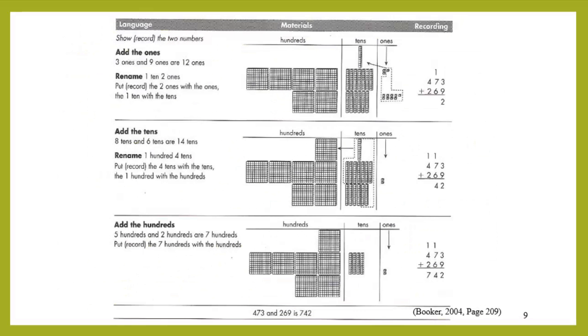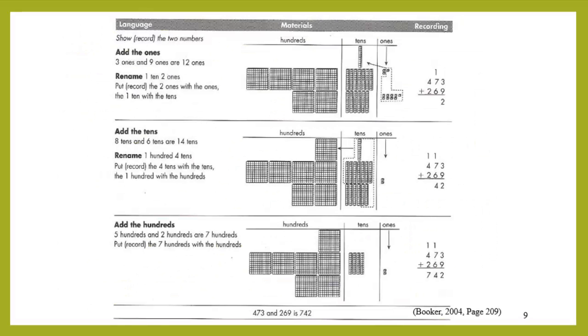We can move on from bundling paddle pop sticks to using MABs. And of course this is more useful when we're looking at 3 and 4 digit numbers. So an example given here is adding 473 to 269. The 3 and 9 make 12. We'll leave 2 in the ones column and carry over those extra 10 into the tens column.